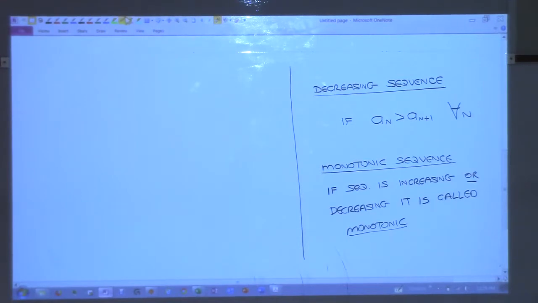Yeah, it's a strict inequality, so there's no equivalence.